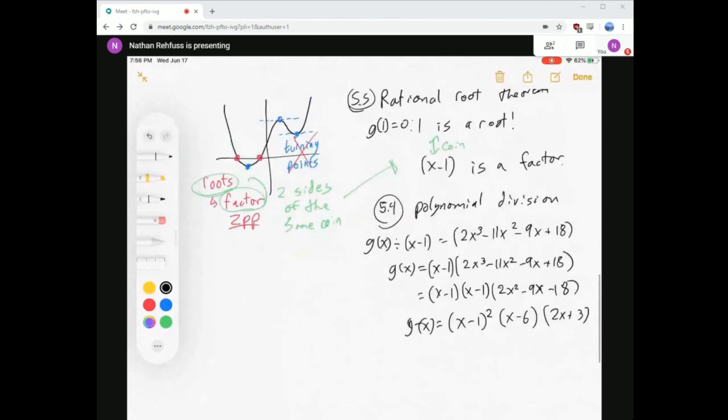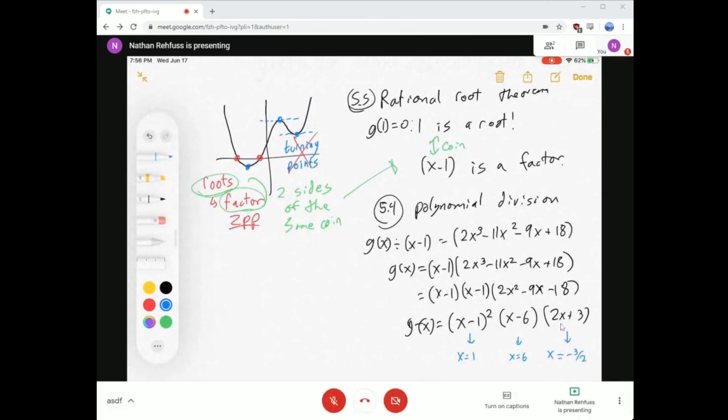Let me finish off this example, and then I'll make a video break. I know from x minus 1 that I have a factor, so I have a root. A factor of x minus 1 gives me a root of x equals 1. A factor of x minus 6 gives me a root of x equals 6. And a factor of 2x plus 3 gives me a root of negative 3 divided by 2, because that's what x would make this whole thing 0.